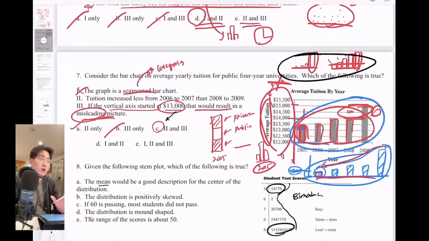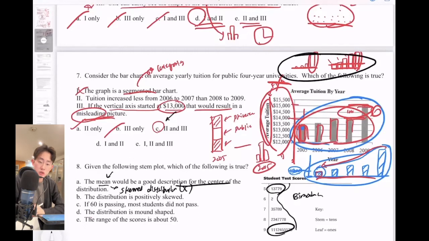So for the test tomorrow, I told you that the mean and the standard deviation will not be part of the exam, but it will still be good to go over them, so I'll still share it with you. The mean is never a good description of the center if it's a skewed distribution.